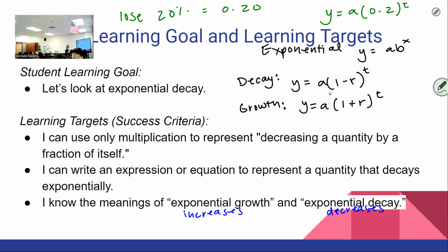Anyone, I don't wanna give it away. 'Cause that's the common mistake that we see on tests. We will usually include, if this was multiple choice, an answer that looks like this to confuse you. The 1 is missing. It would be 1 minus 0.20, which is what?